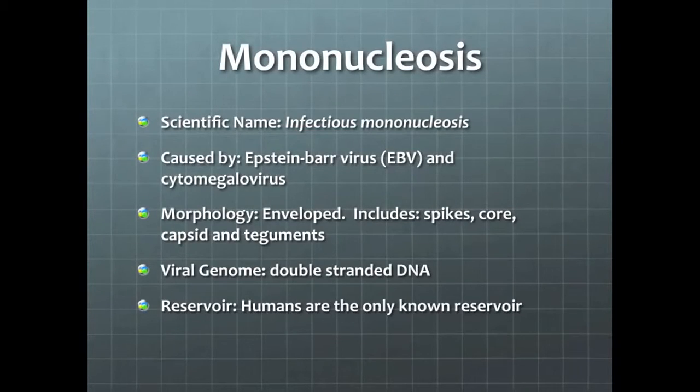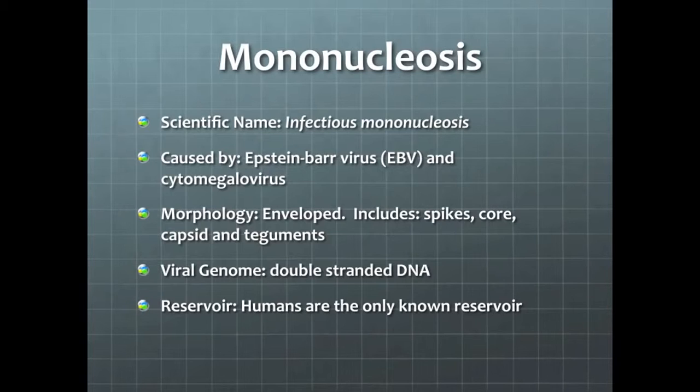The scientific name for mononucleosis is infectious mononucleosis. It's caused by the Epstein-Barr virus, more commonly known as EBV, and it can also be caused by cytomegalovirus. The morphology is that this virus is enveloped.